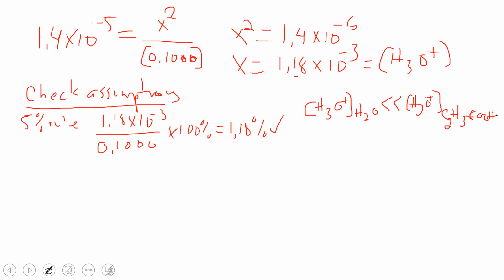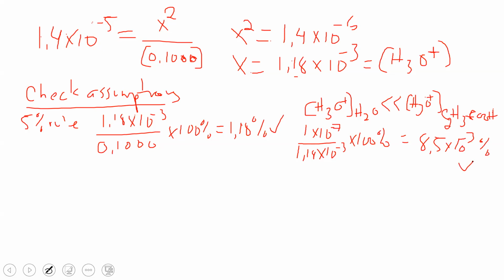There we go. So on that one, we just take the 1 times 10 to the minus 7 molar concentration of hydronium from water, divide that by the 1.18 times 10 to the minus 3, times 100%, and we get a value of 8.5 times 10 to the minus 3%, right?